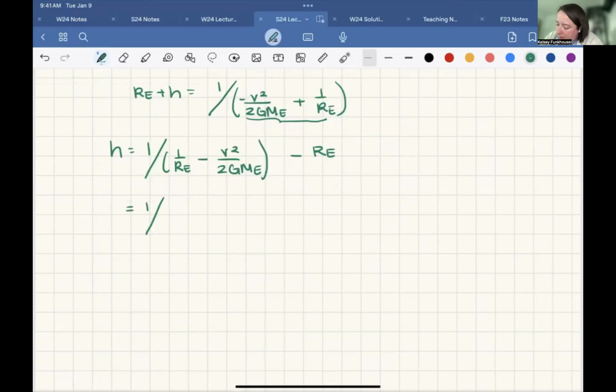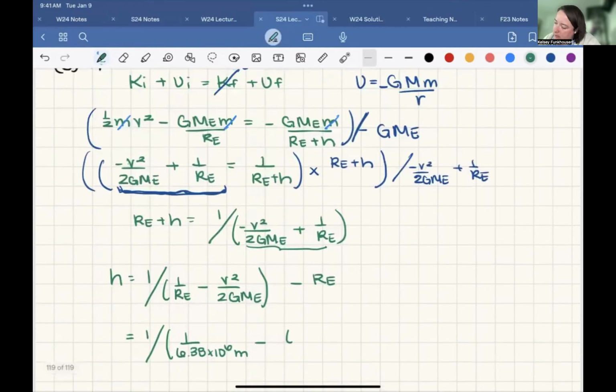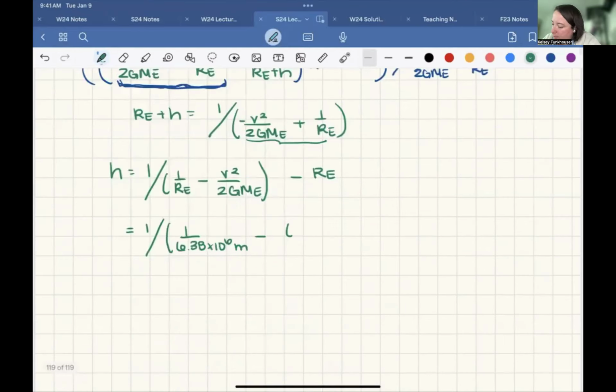1 divided by 1 over 6.38 times 10 to the 6 meters minus, I forgot, 9.42 kilometers per second.